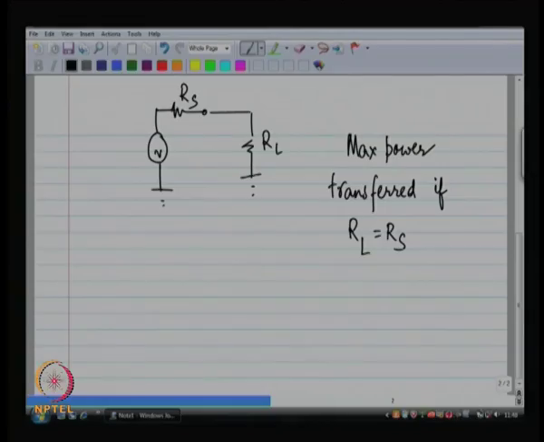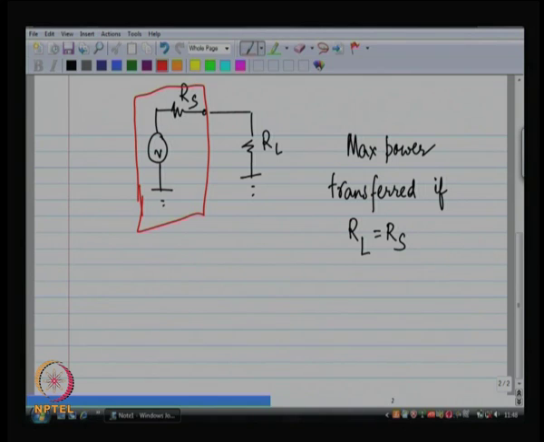The first most important thing that you have to understand is that the source resistance is a part of the source. The source resistance is an integral part of the source. You cannot have the source without the source resistance.